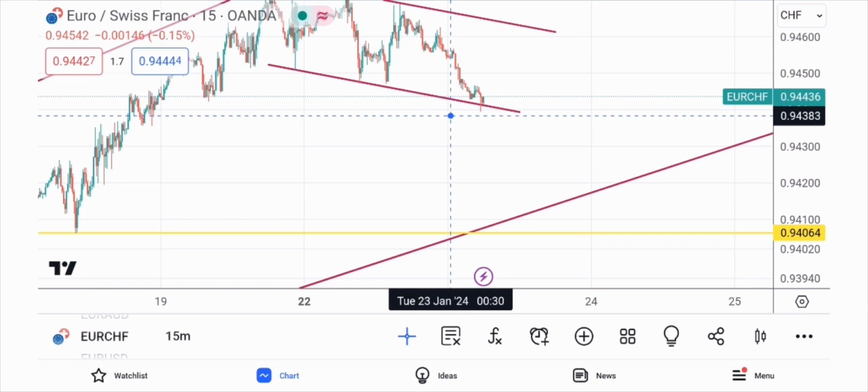So we are now going to put our target and our stop loss so that you can see the overall targets that we are targeting, and then I will show you how you are going to approach this whole thing, right?